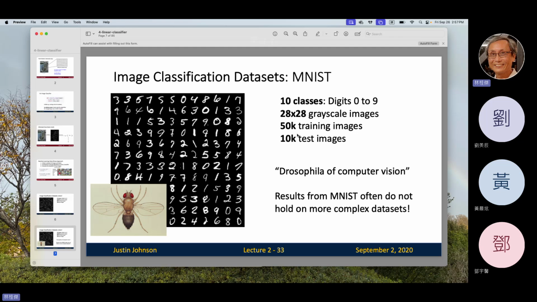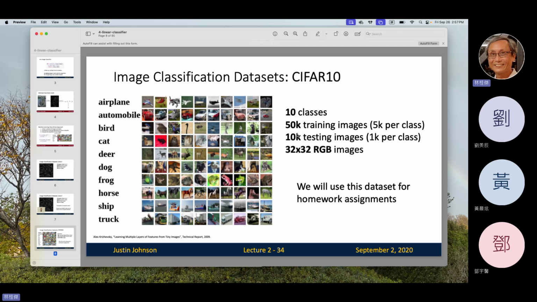So this is one of the data sets. Another one, which has been created for 10 classes, is called CIFAR 10. In CIFAR 10, the pictures are natural images, and each of these natural images belongs to one of the 10 classes.